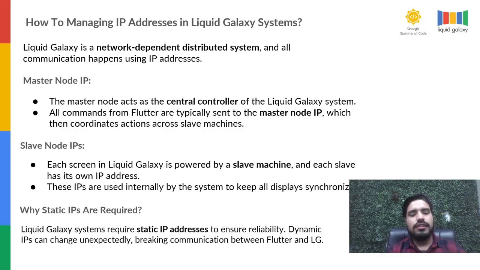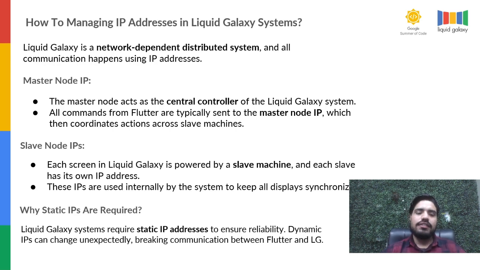Each screen in Liquid Galaxy is powered by slave machines. Each slave has its own IP address. So Liquid Galaxy screen slave machines also have different IPs for all the screens. These IPs are used internally by the system to keep all the displays synchronized.